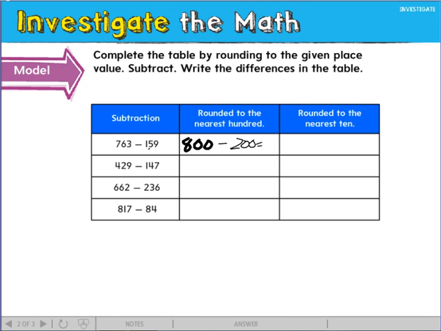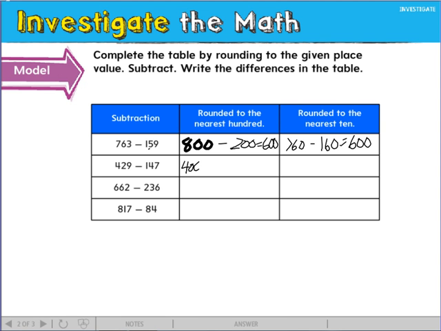So 800 minus 200 equals 600. All right. Now we're rounding to the nearest 10. So this is 760. Subtract 160, which equals 600. Okay?